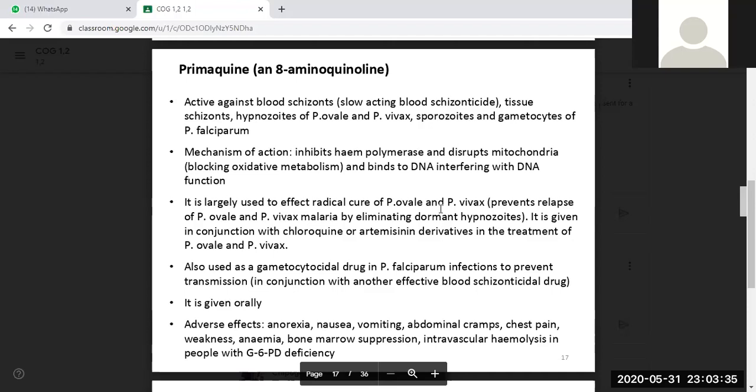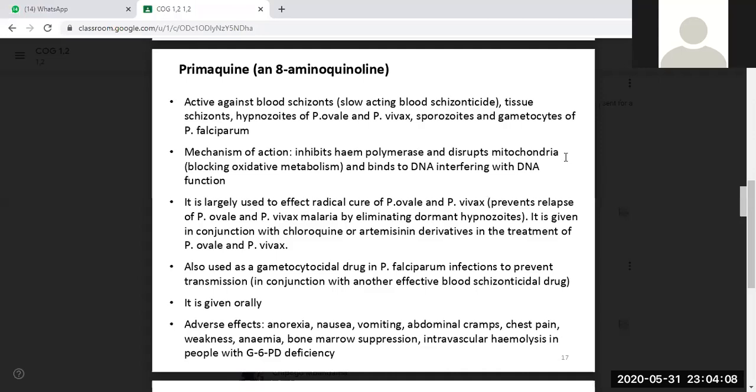It is given in conjunction with chloroquine or artemisinin derivatives in the treatment of Plasmodium ovale and Plasmodium vivax, because these are the two species that it is sensitive against. When it comes to the other species, this drug is not as useful. So you need to ensure that you have isolated the particular parasite.